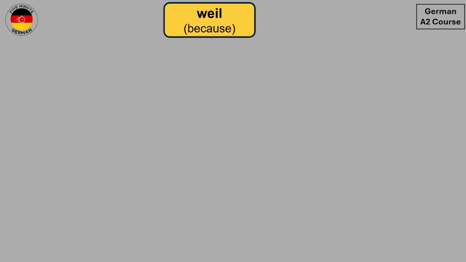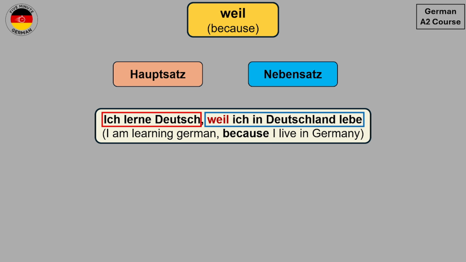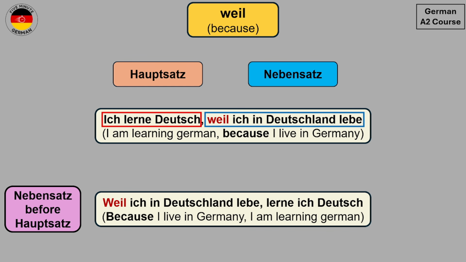Now in the examples that we have seen up till now, the Hauptsatz came first and the Nebensatz came after it. But we can also write this sentence in another way, and that is that the Nebensatz comes before the Hauptsatz. So the sentence Ich lerne Deutsch, weil ich in Deutschland lebe can also be written as Weil ich in Deutschland lebe, lerne ich Deutsch.